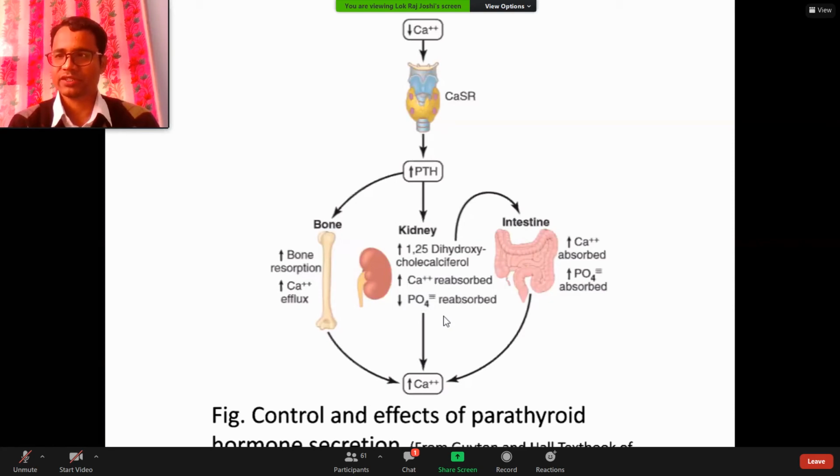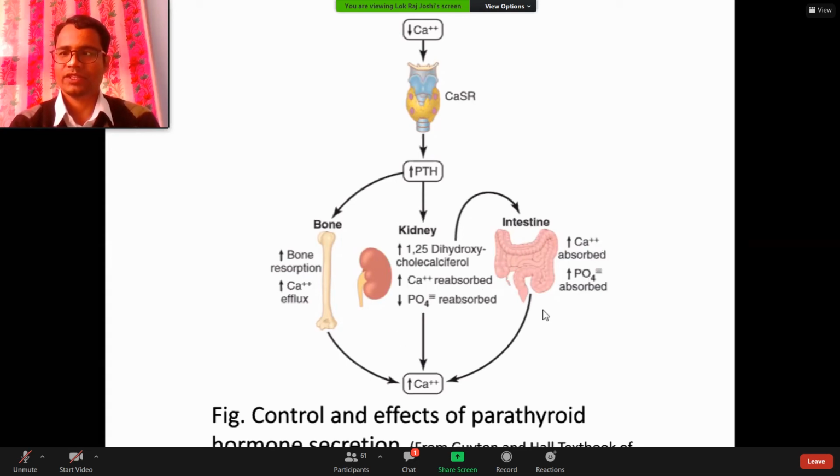It means in the extracellular fluid, phosphate level will decrease, and there will be more dissociation of calcium phosphate and more release of calcium ions from the calcium phosphate salts in the plasma. And in the intestines, there is an increase in absorption of both calcium and phosphate.